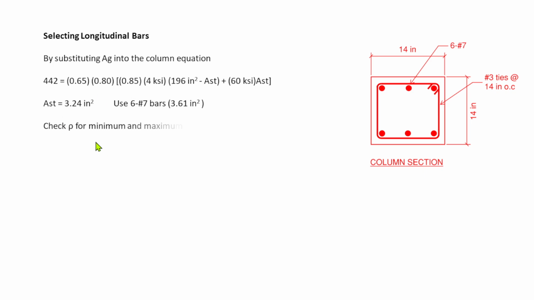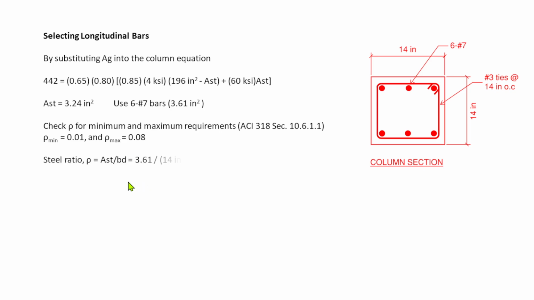Now, the next step is to determine the maximum and minimum requirements of reinforcement according to ACI section 10.6.1.1. So we will check the reinforcement against our limitations for minimum and maximum.